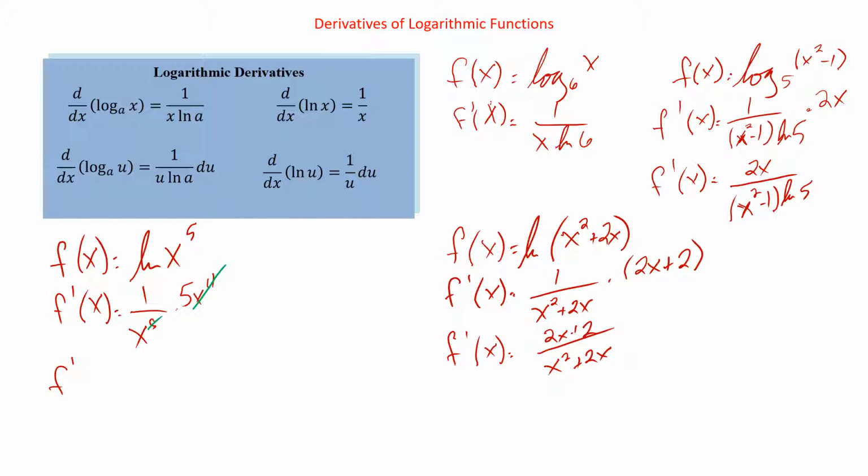And so we're left with 5 over x, which you might be thinking, wait, that's kind of weird. We could rewrite our original equation, letting that exponent go out to the front. This is the same as 5 times natural log of x. The derivative of natural log of x is 1 over x. So that's going to be 5 over x. And there you go. If you have the natural log of x to a power, the derivative will be that power over x.